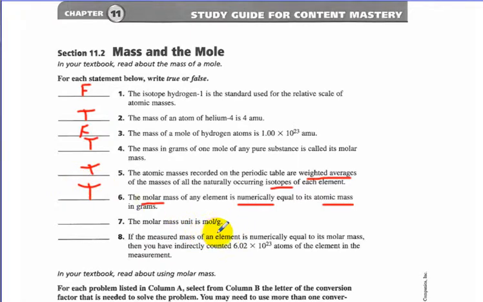The molar mass unit is moles per gram. Nope, that's backwards. Grams per mole it should be. And if the measured mass of an element is equal to its molar mass, then you have counted that many atoms in the measurement? Yes, because that's how many you need in order to have a molar mass.